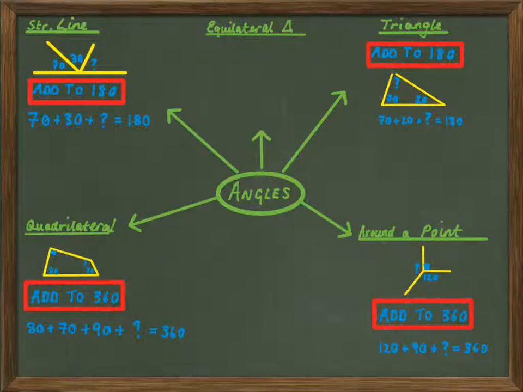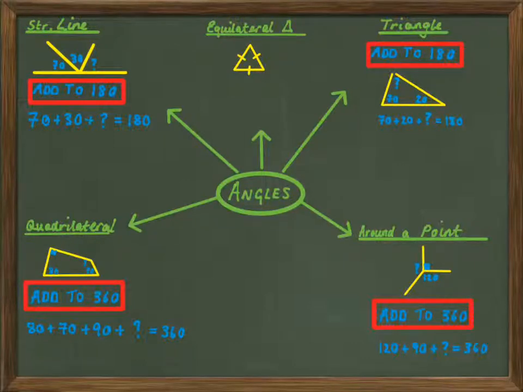Now the first one is an equilateral triangle. They may either say it in the question, they may mention the word equilateral, or in the diagram you may see something with 3 lines, one little line on each side. What that means is each side is the same length, and if each side is the same length, each angle is the same, okay?